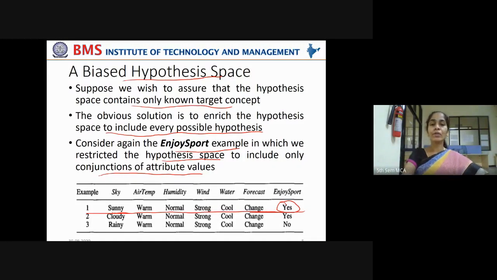It should contain only conjunctions of the attribute values. Only if this entire combination is true, then predict it as S. Got it? If any of this is not true, it doesn't cover that situation at all.